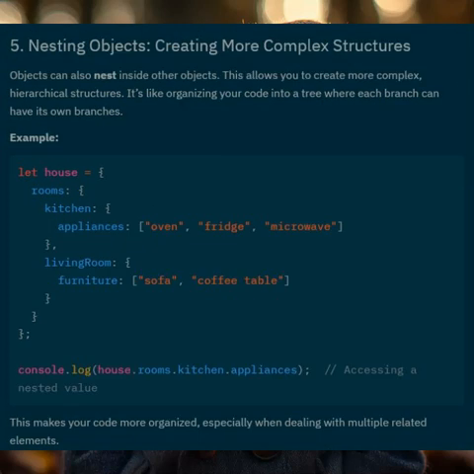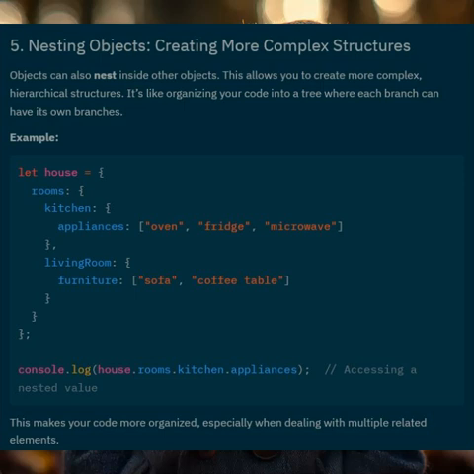Layer 5. Nested objects, creating more complex structures. An object doesn't just store numbers and strings and functions. It can store other objects, also with a start and stop. Objects can also nest inside other objects.